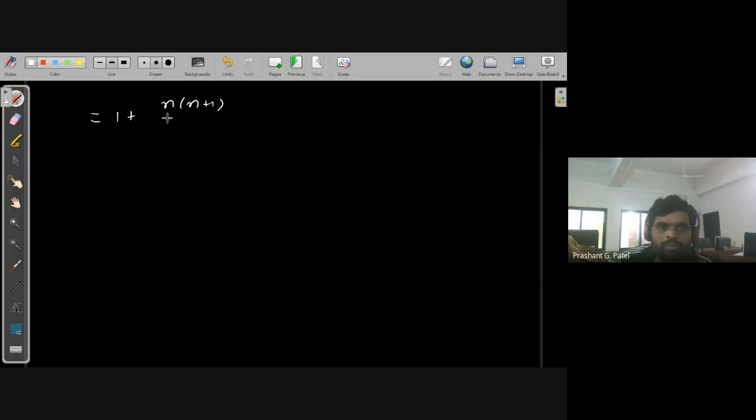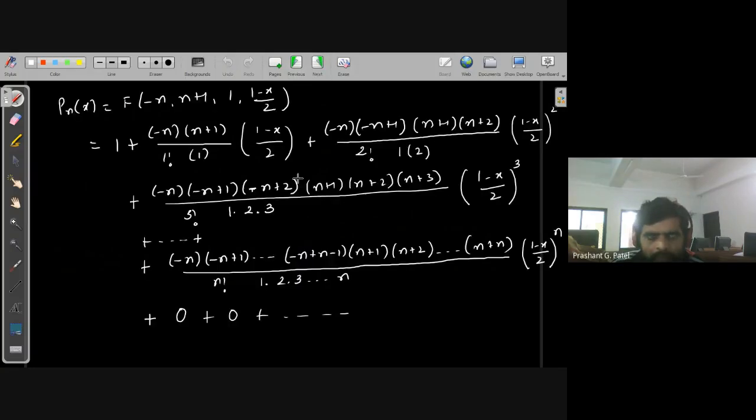n into n plus 1 by 2 upon 1 factorial square into 2 into x minus 1. So you just take this minus sign, this minus n, you just multiply here, then x minus 1 is there. So in the second term, again, this minus and this minus minus become plus.